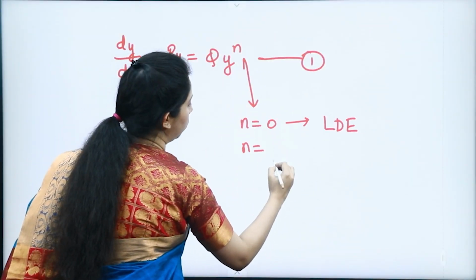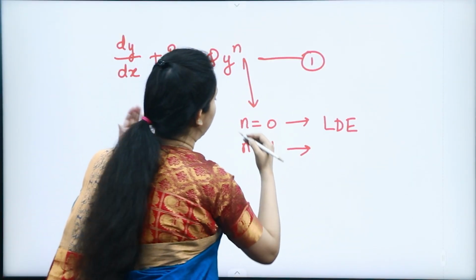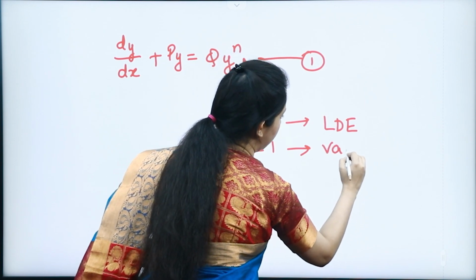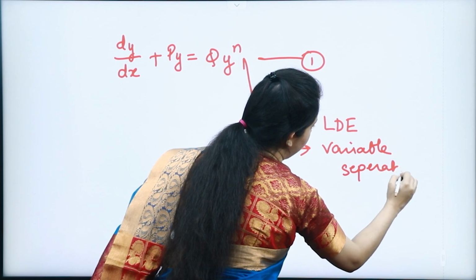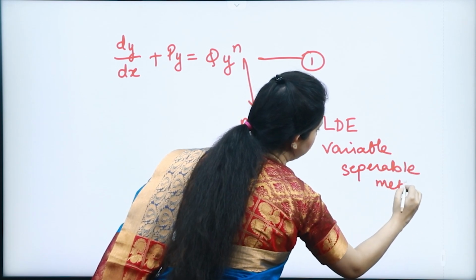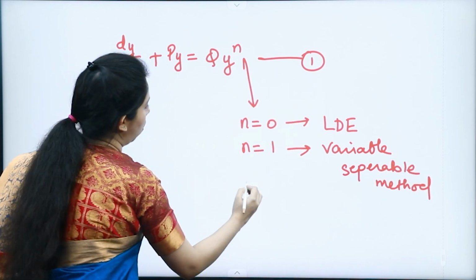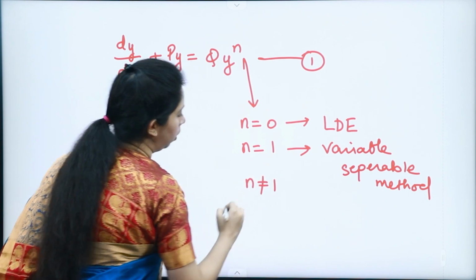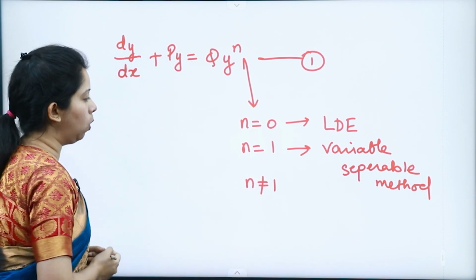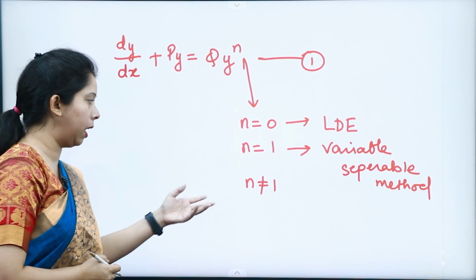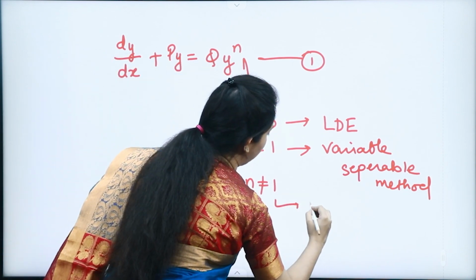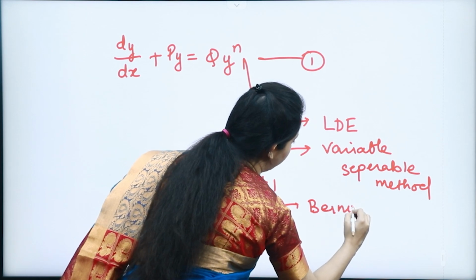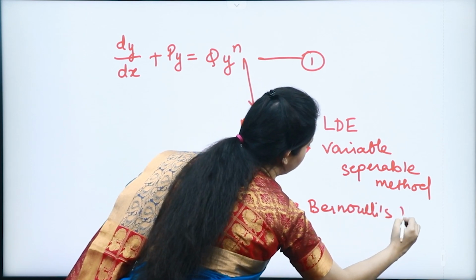When n is equal to 1, the equation can be solved by the variable separable method that we have already discussed in the previous modules. Now, our main concentration is on n not equal to 0 or 1, it can be any other value. Then the equation becomes Bernoulli differential equation.